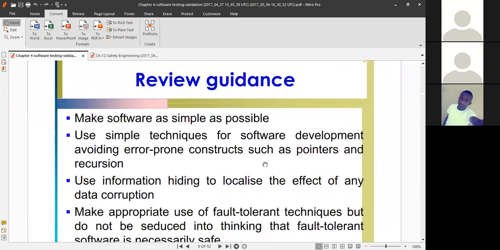When these reviews are being done, remember they are done throughout the whole development process. So when they talk about the review guidance here, they're talking about what you're going to follow. Make software as simple as possible. Use simple techniques for software development, avoiding error-prone constructs, such as pointers.